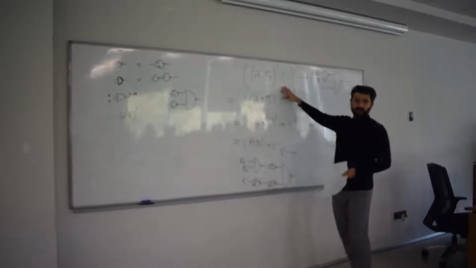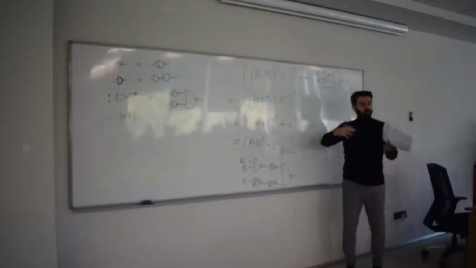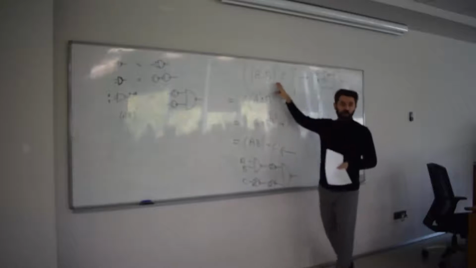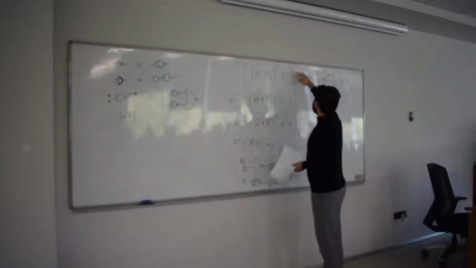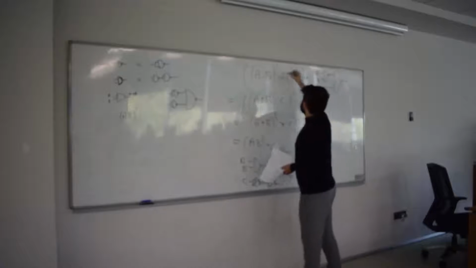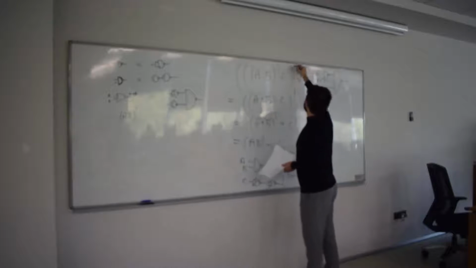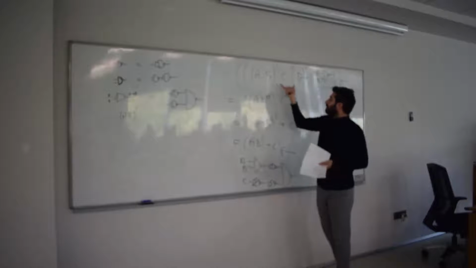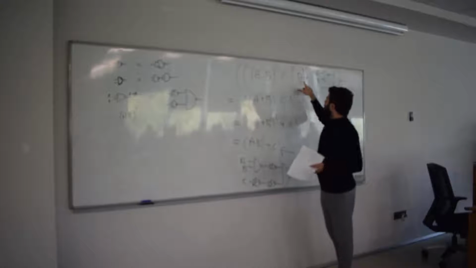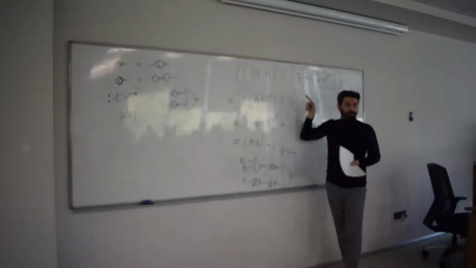Of course, this is a simple example. You could have a more embedded version of this, such as maybe you can have a D here and then another NOT, right? So this is a NAND, this whole thing is another NAND, and this whole thing is another NAND, right?